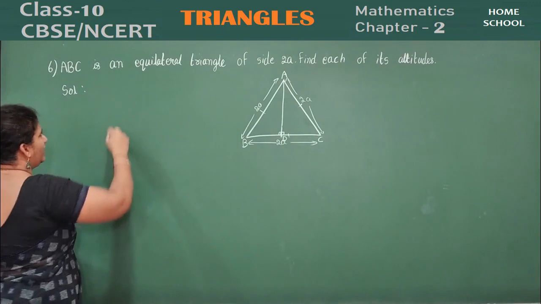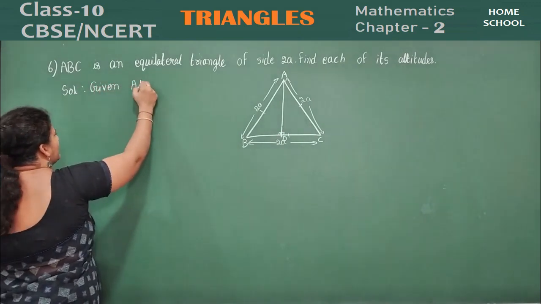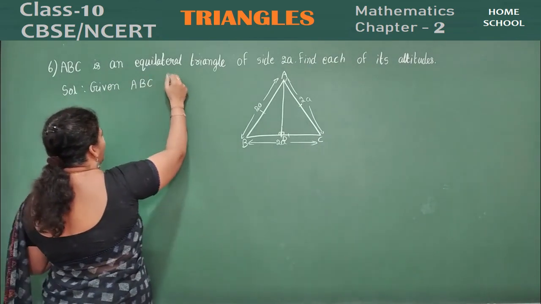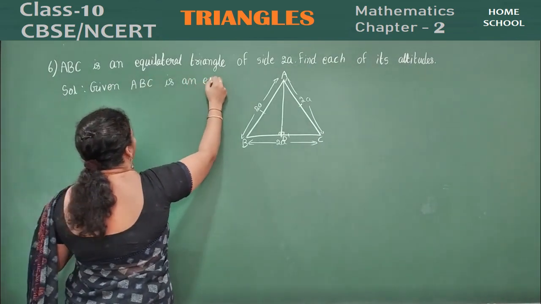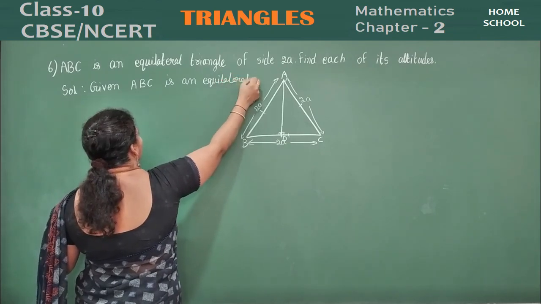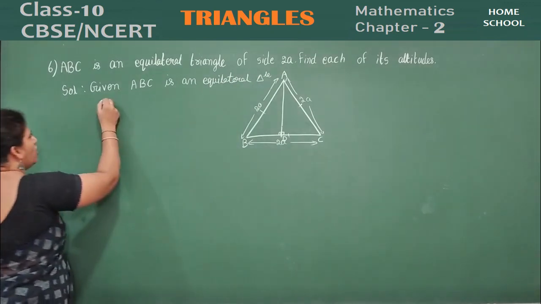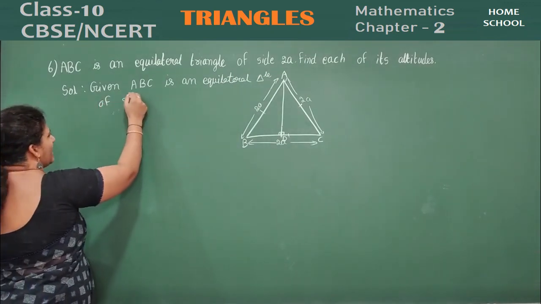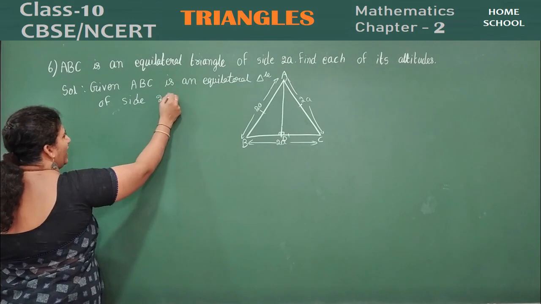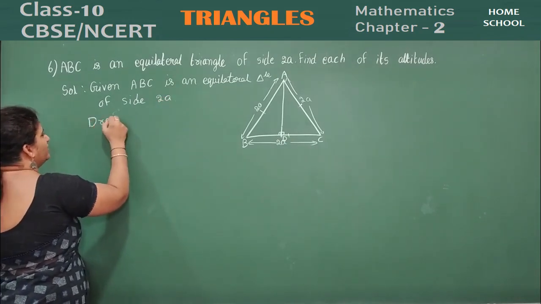Look here carefully. Given: ABC is an equilateral triangle of side 2A. Okay, next I have done a construction here.